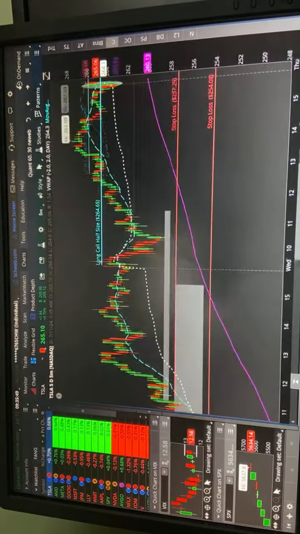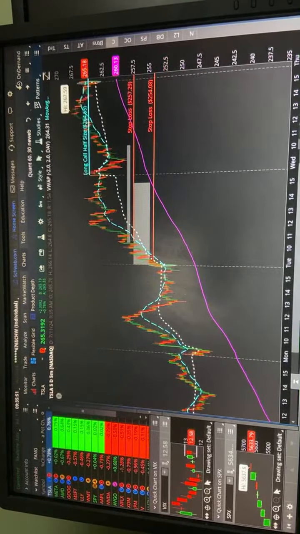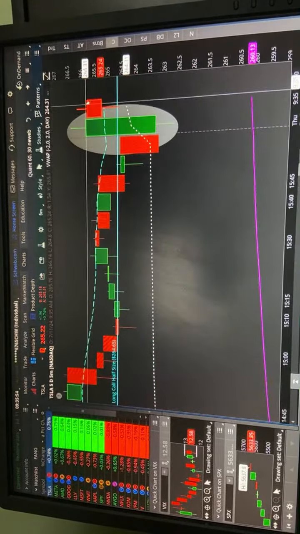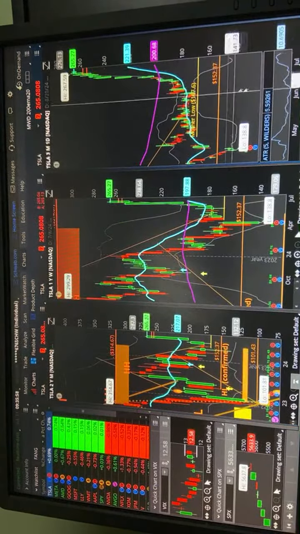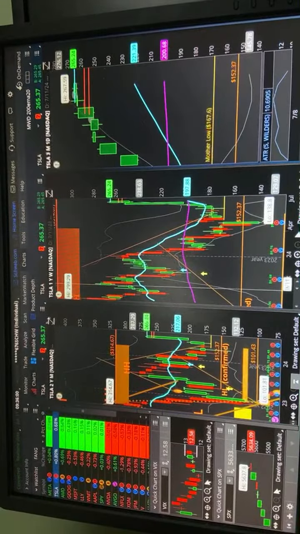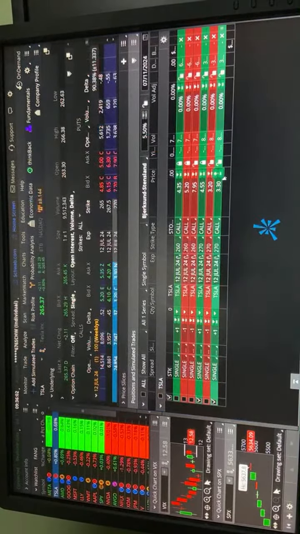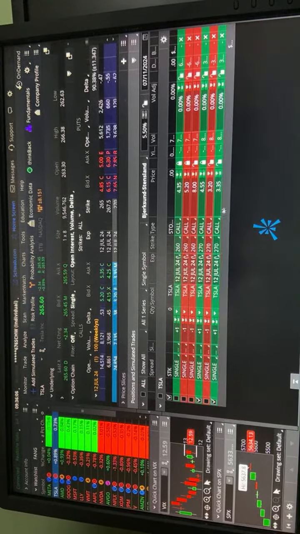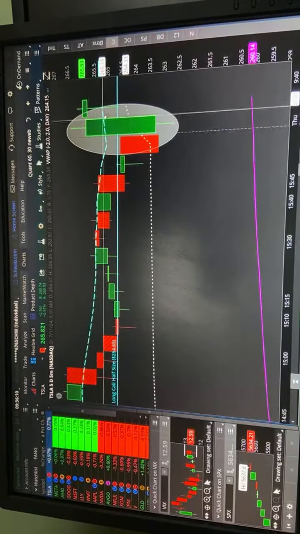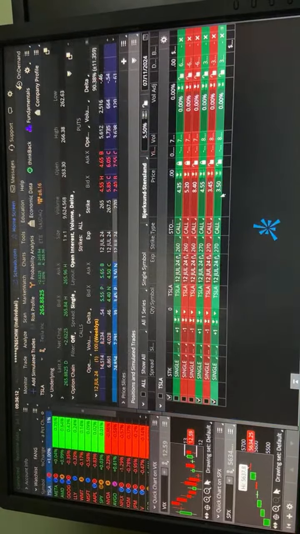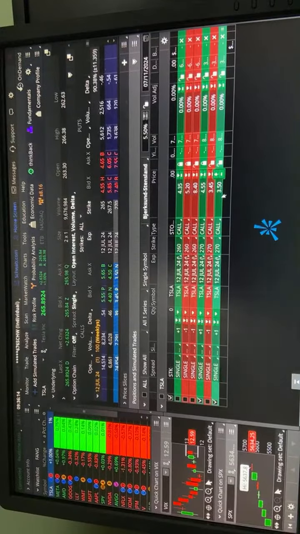Ideally I'd like this bar to already be taking out yesterday's high. So it's not ideal, but that's the one that we have to work with, at least for right now. If you pick up the 270 strike call, it's going for about $3.35, give or take. We can lean against this wide range bar here. So I'll pick up these 270 strike calls, that bottom one there. Tesla, long call.